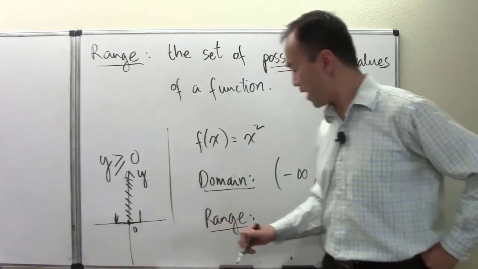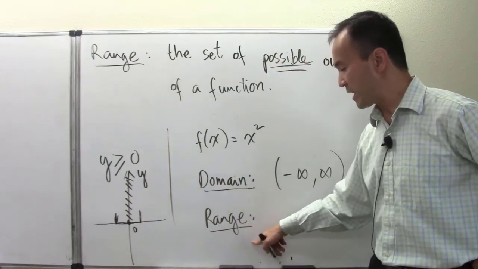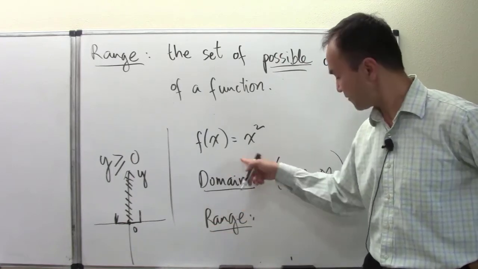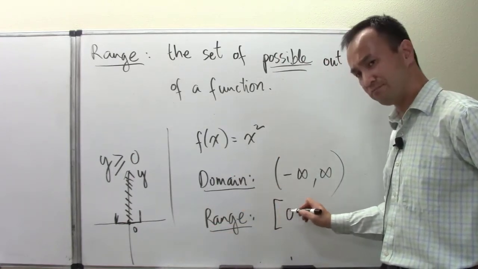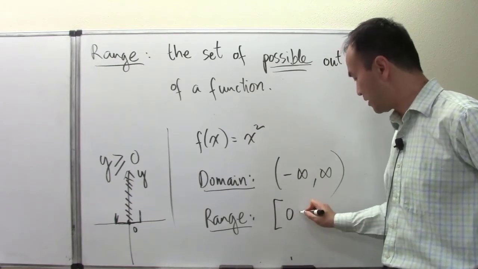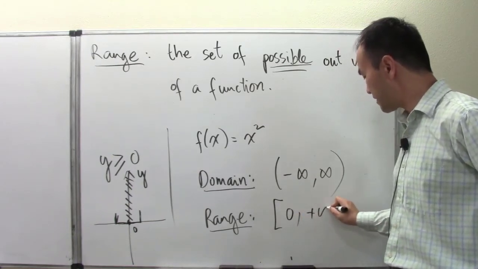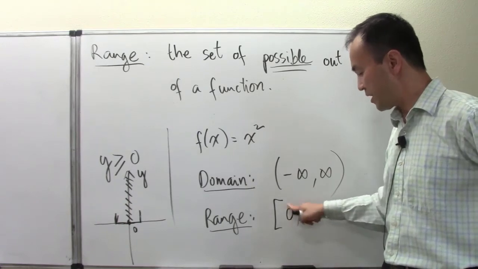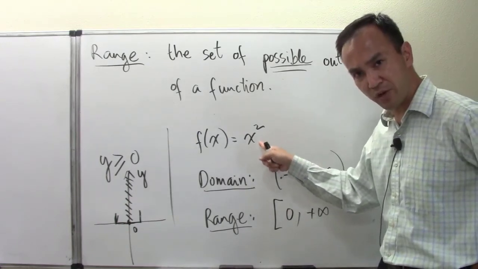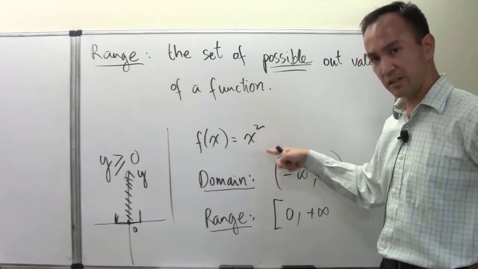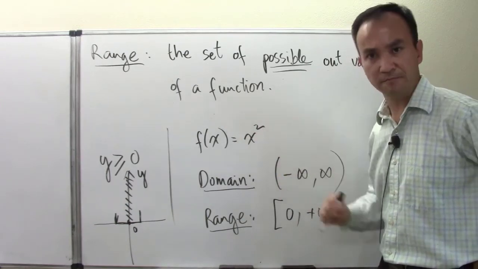So the way to express your final answer for the range of this function is anywhere from 0 and up, so 0 to positive infinity. But 0 is included because, according to the demonstration I made, we did have an output being 0 specifically.